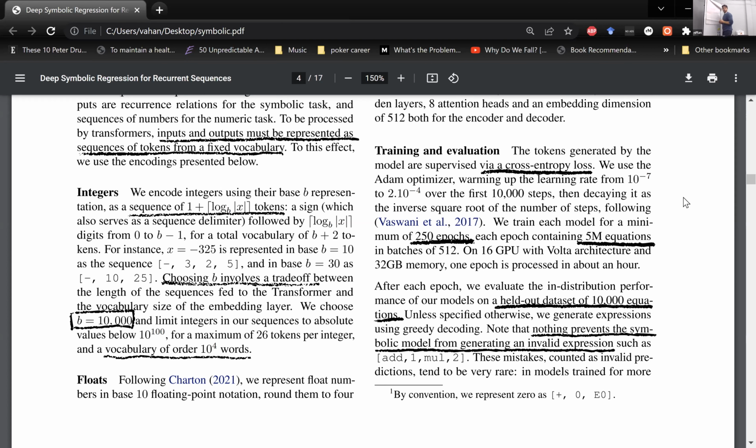But this would mean that the positions are independent, right? Well, they're not independent because the attention mechanism within the transformer means that all the information that was used to calculate this was also used to calculate this.